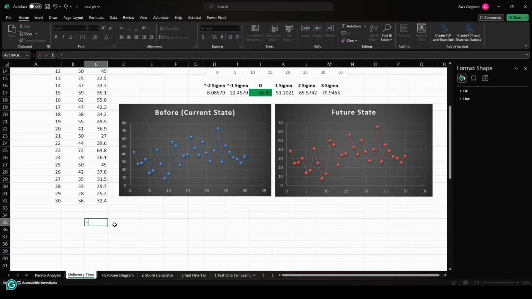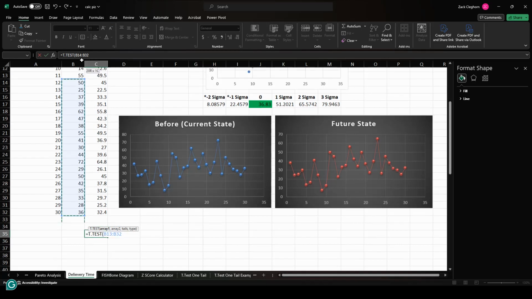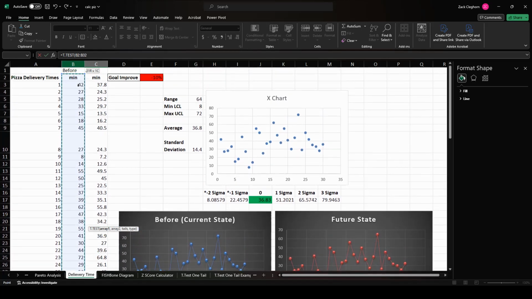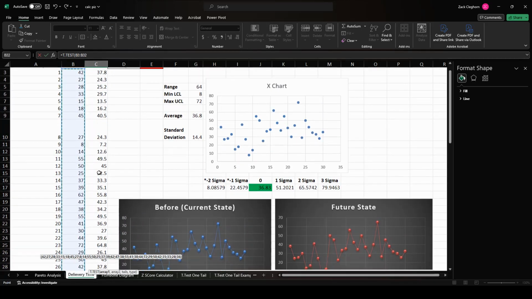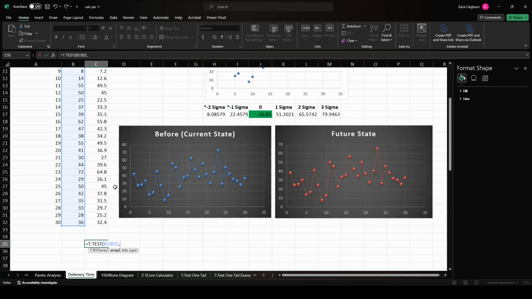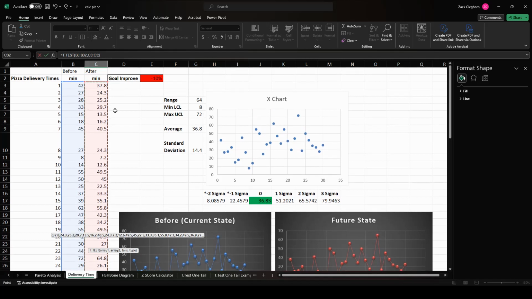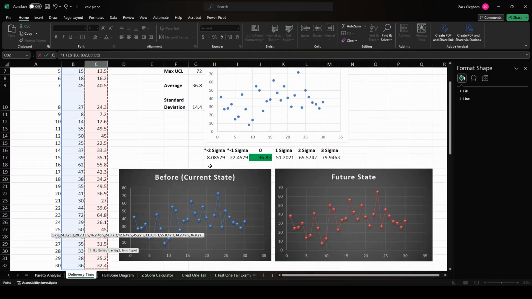So we can type in T.Test and highlight array 1, array 2. Now, is this a one-tail or two-tail test?